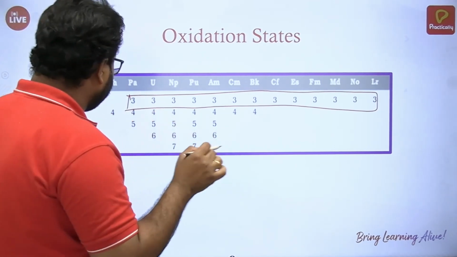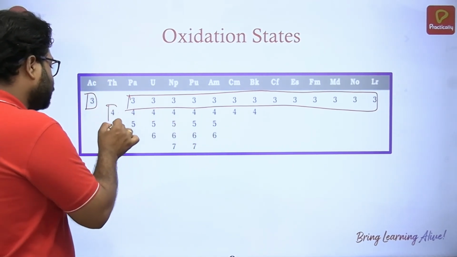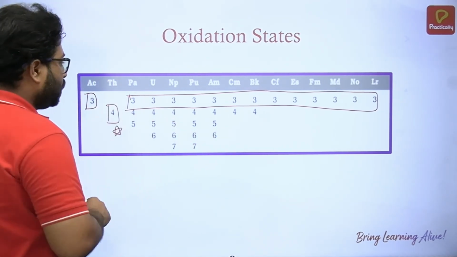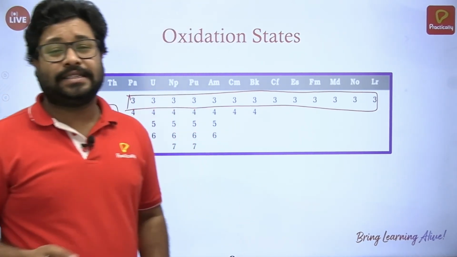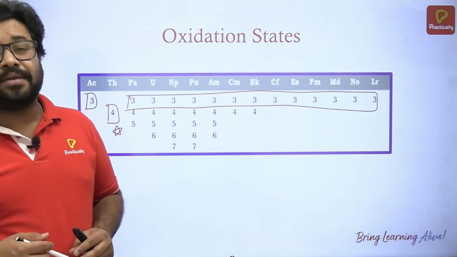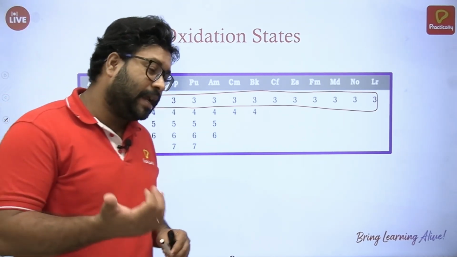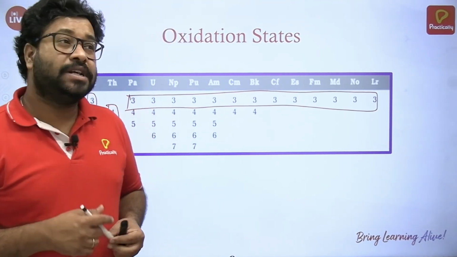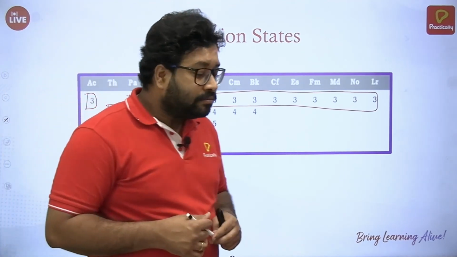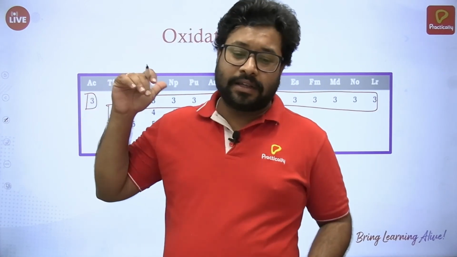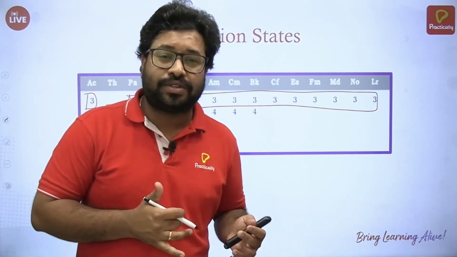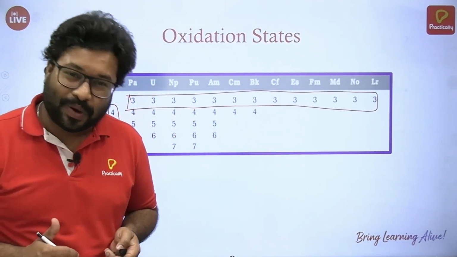Thorium is the only element which shows only one oxidation state, that is +4. Otherwise it is mostly the same thing. The general oxidation state of lanthanides and actinides is +3, but there are some elements, for example, cerium in the lanthanides and thorium here, which show the +4 oxidation state also.